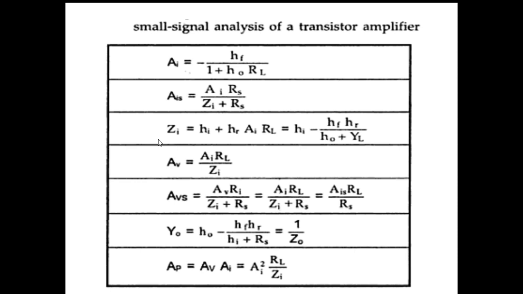Next, input impedance ZI is equal to HIE plus HRE AI into ZL. Next, voltage gain AV is equal to AI into ZL by ZI. Output admittance is equal to HOE minus HFE HRE by HIE plus RS. That's it.